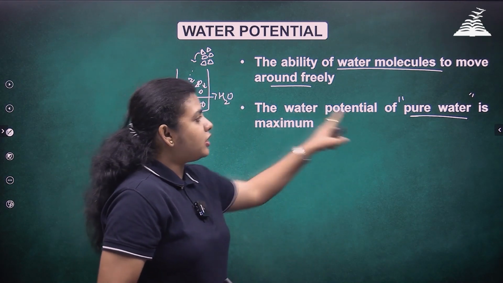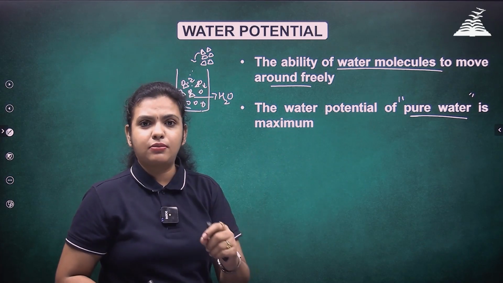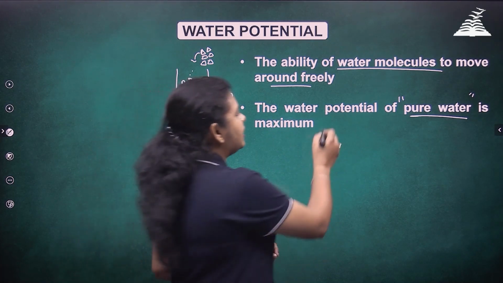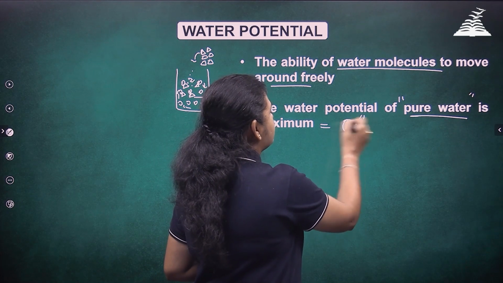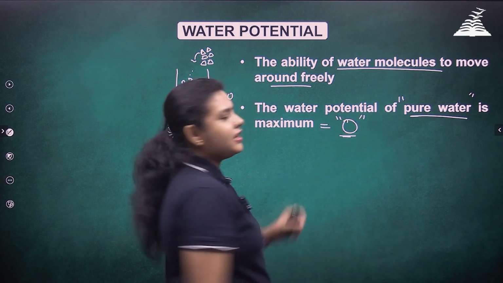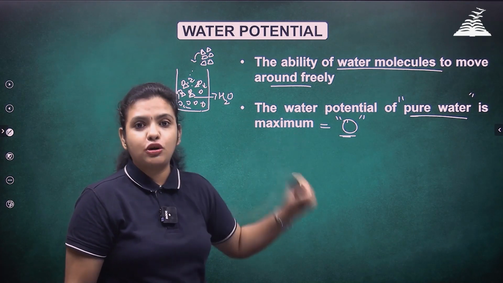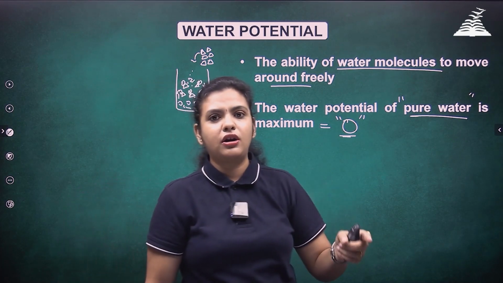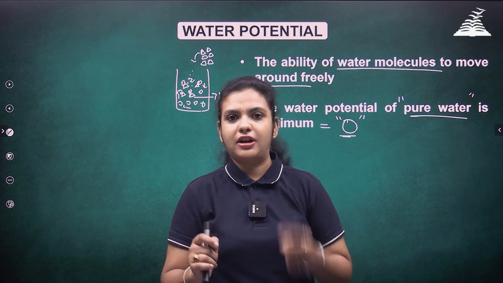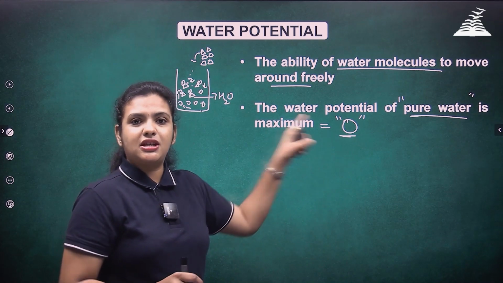So when I say the water potential of pure water is maximum, the maximum is regarded as 0. So when I say the water potential of a solution is less than 0, it is negative, right? Why? Because maximum itself is 0.